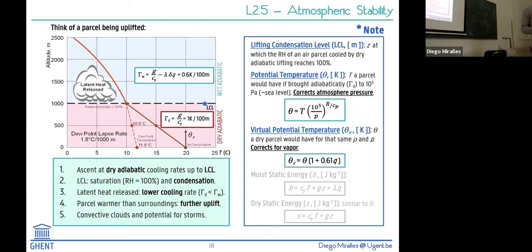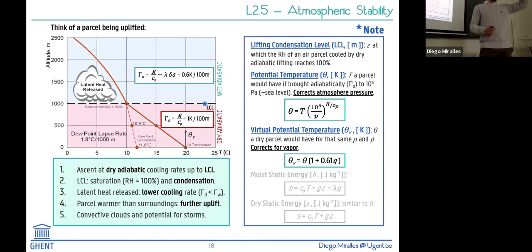You bring that air to the surface and it has exactly the same temperature. That has to do mostly with the correction of pressure, but as I said, we also do a correction for moisture, called virtual potential temperature. Maybe for simplicity, we can think of potential temperature, but it's true that there is a little change.